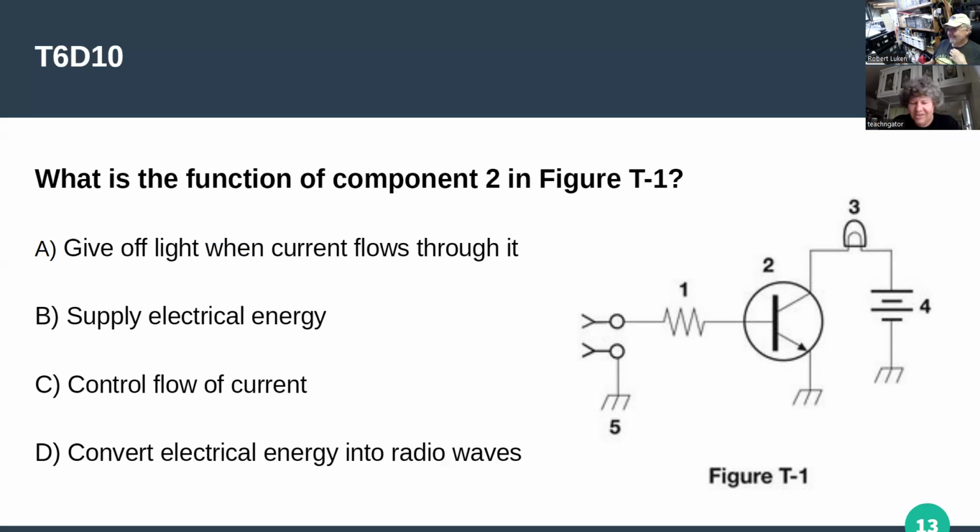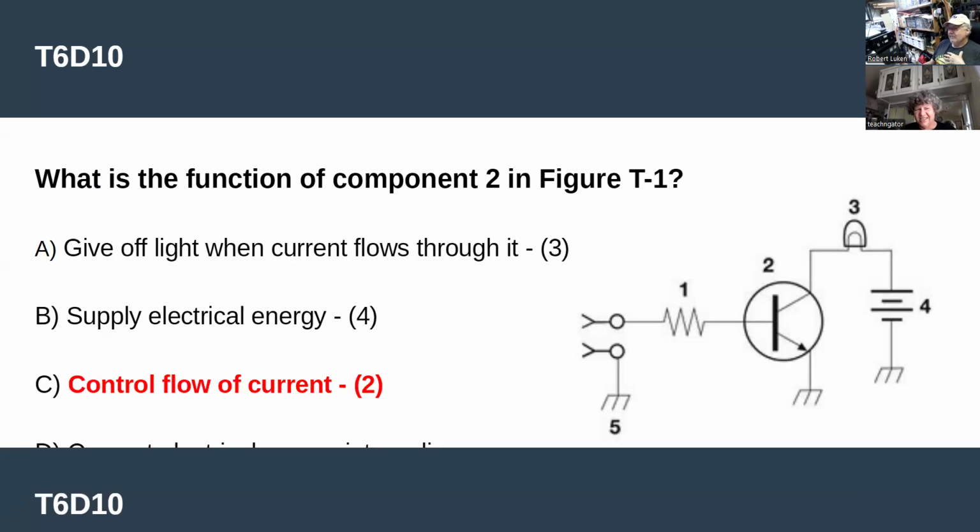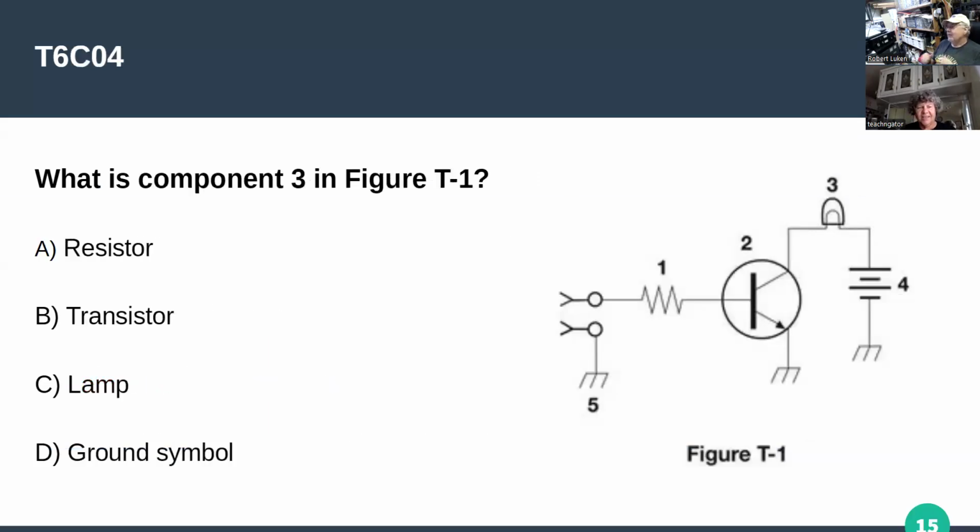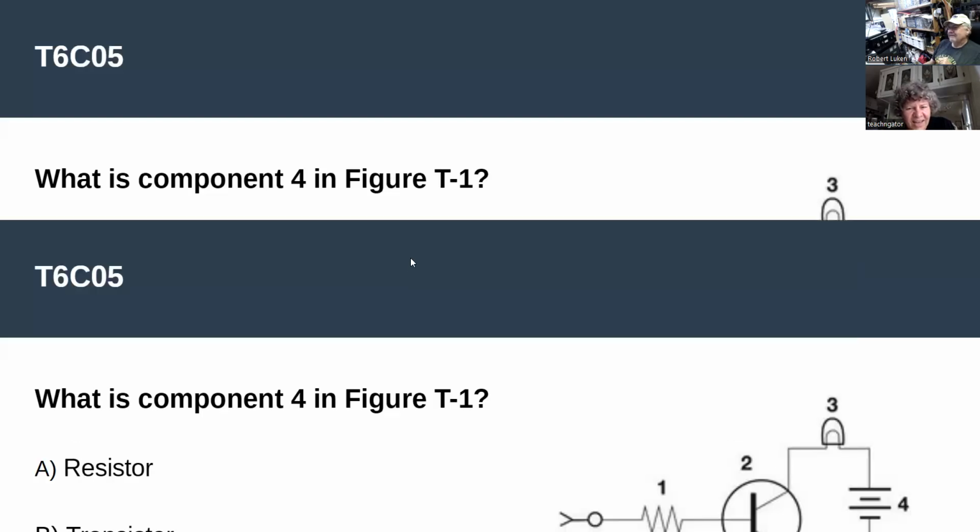Supply electrical. Oh man, remember what a transistor is? Charlie. What is component 3? Well, that's rough. That's a Charlie. I told you these were hard. What is 4? Delta, battery.